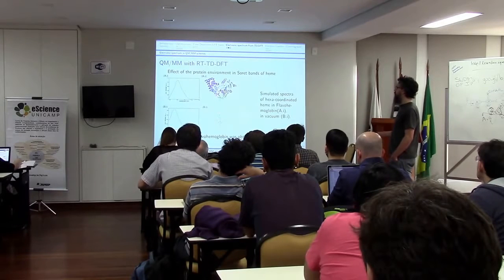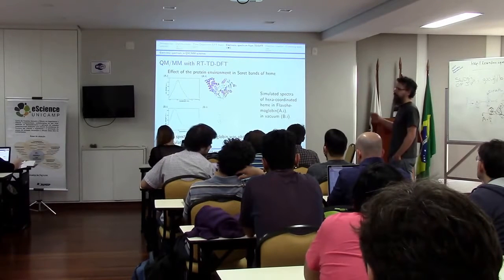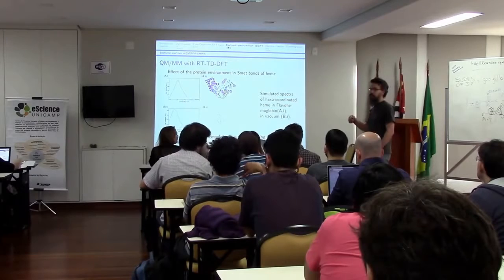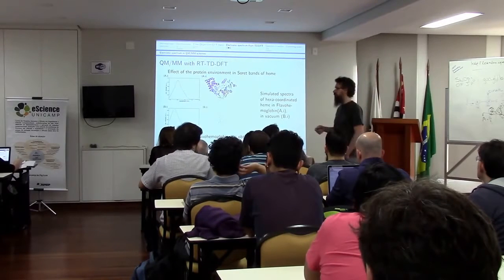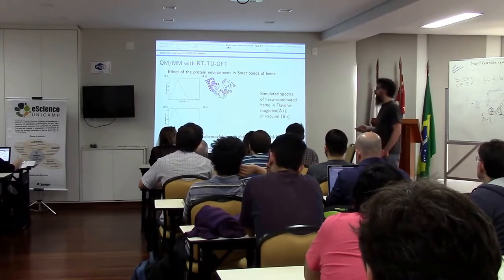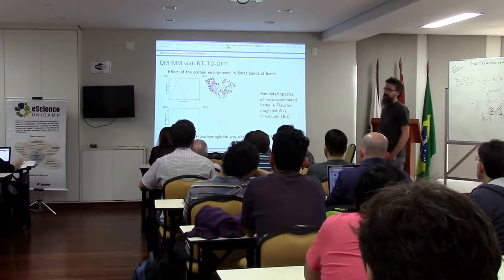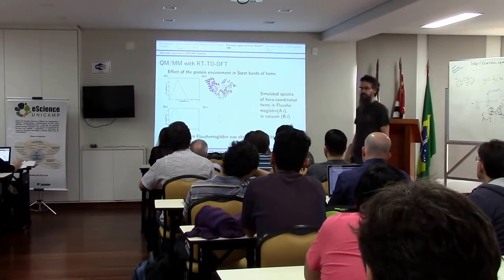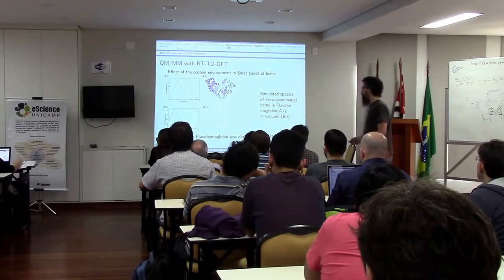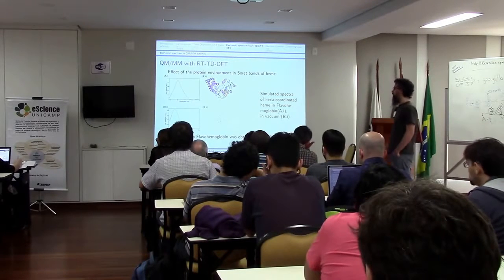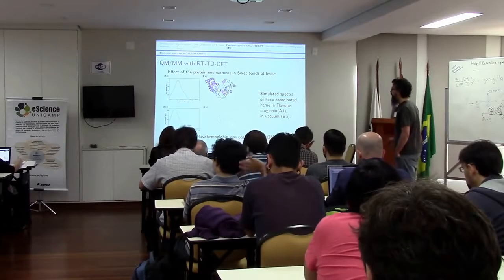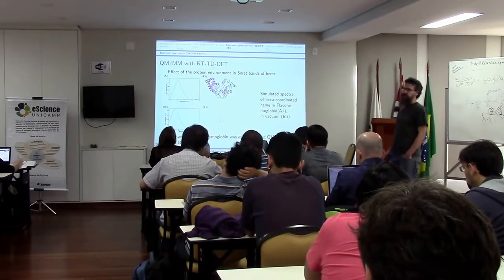And also if we use a protein, because the code works together with Amber, with Sander in particular, we can compute any molecule that you can use in Amber. So we can use a heme group in a heme protein.